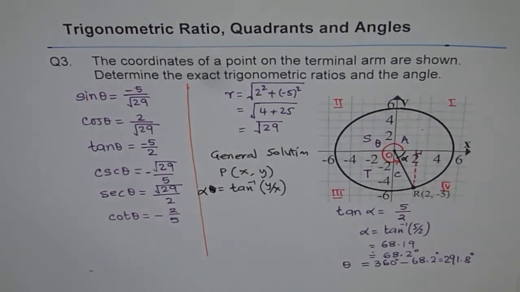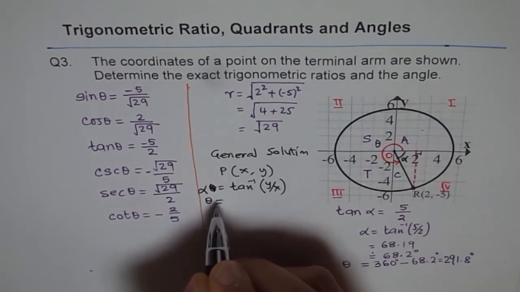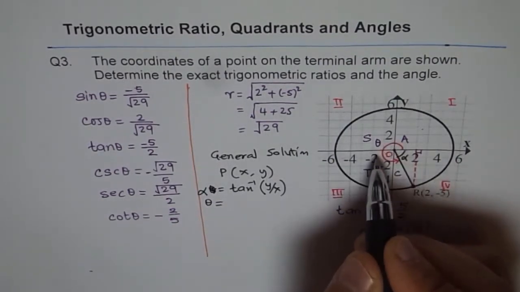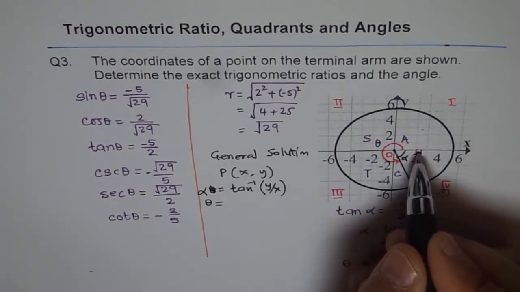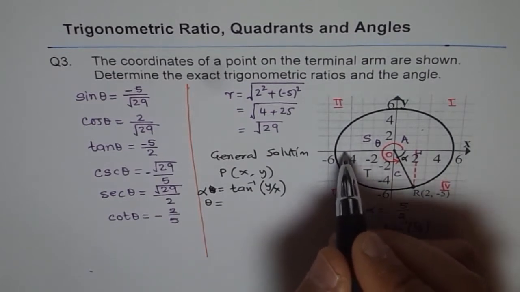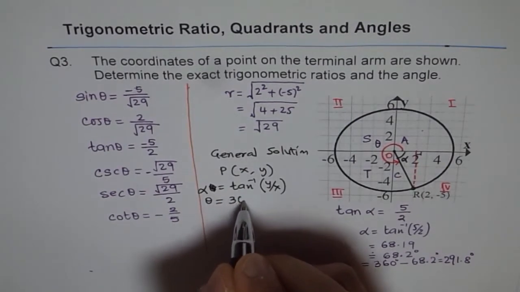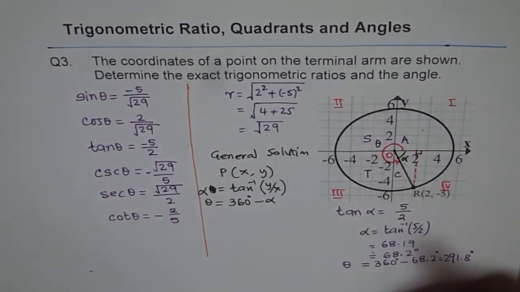Now, once we know acute angle alpha, you have to find where the principal angle theta is. If it is in quadrant 4, then it is 360 minus alpha. If it is in quadrant 2 or some other quadrant, there will be 180 plus or minus. So in this case, the general solution will be 360 degrees minus acute angle alpha.